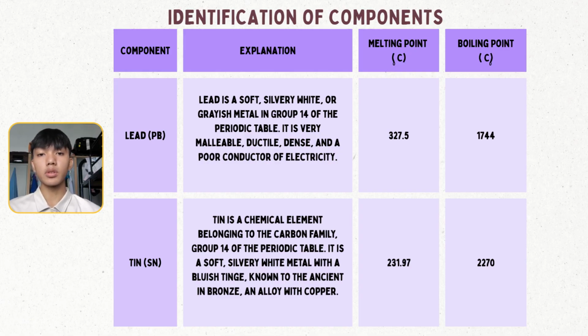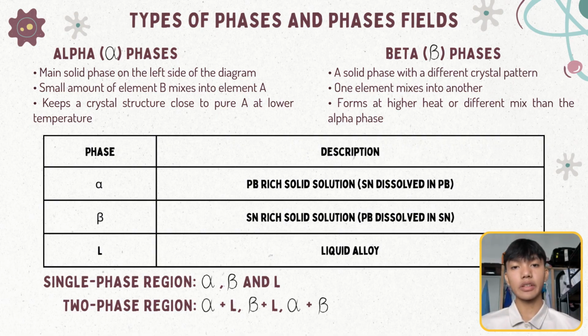It belongs to group 14 of the periodic table and was historically used in bronze alloys. The melting point of tin is 231.997 degrees Celsius, and its boiling point is 2270 degrees Celsius.